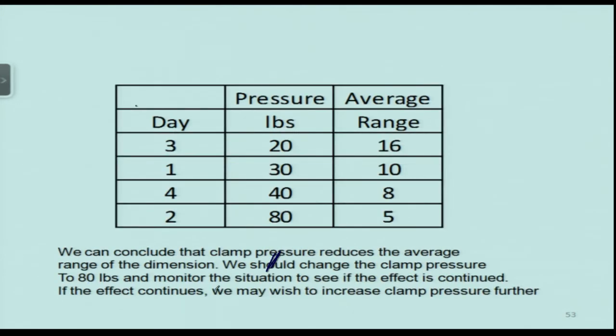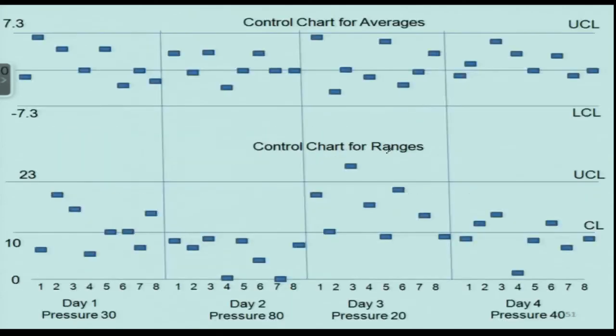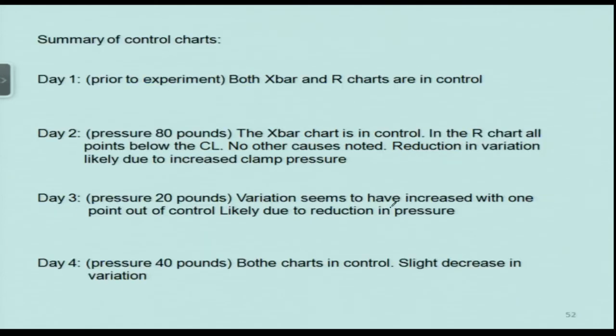So now if we take a look at the pressure and how it varies on each of those 4 days, listed in order of reduced average range: when the pressure was 20 on day number 3, the values for the range are given as 0, 10 and 23, so the average comes out to be, let's say, 16.